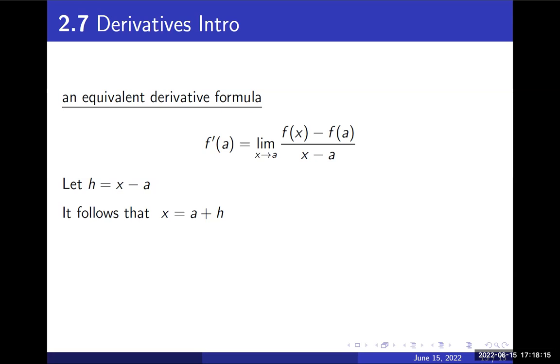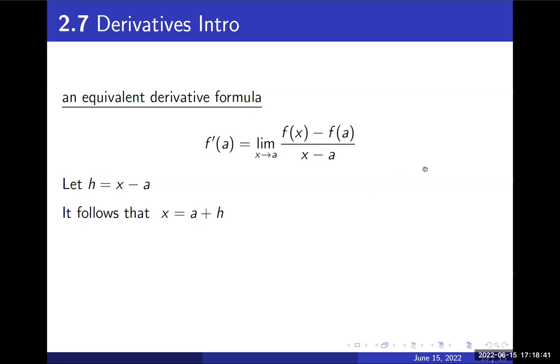It's not really mind-blowing: if h equals x minus a, then we add the a to the other side. But what that's going to do, and why that's really clever, is that we are going to be able to replace the entire denominator with h, and replace this x right here with a plus h.